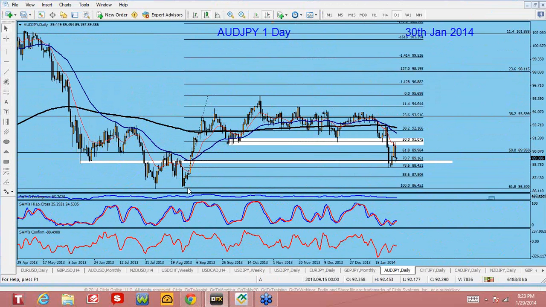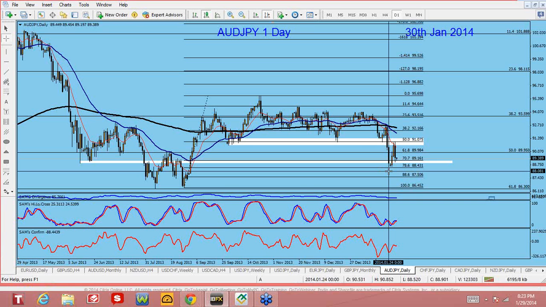A kiss here, a kiss here, and a kiss on 78.6%. 88.43 is the number, and then we made the low here at 88.52, and the number was 88.43. See, a 9 pip difference on a daily chart. So anyway, we went up there.